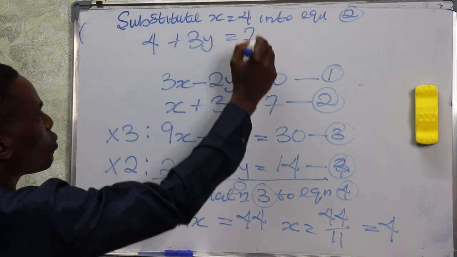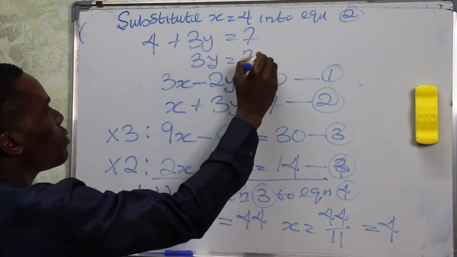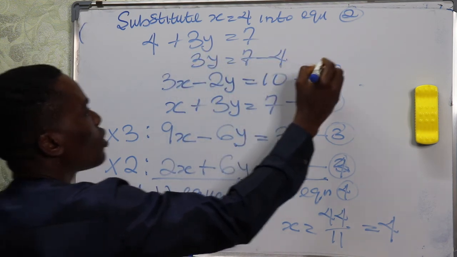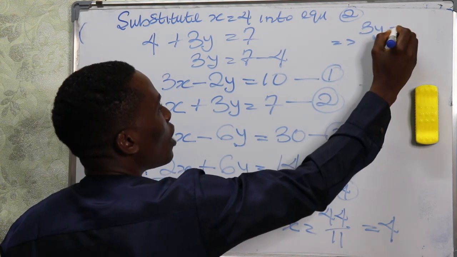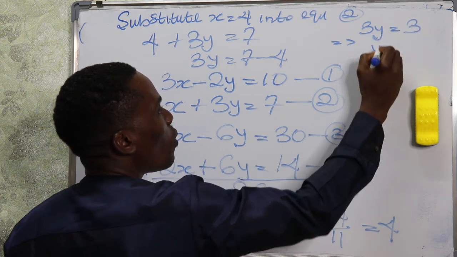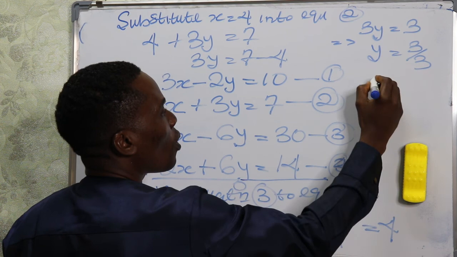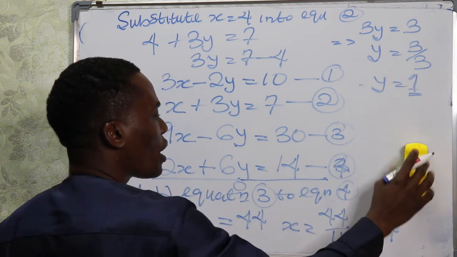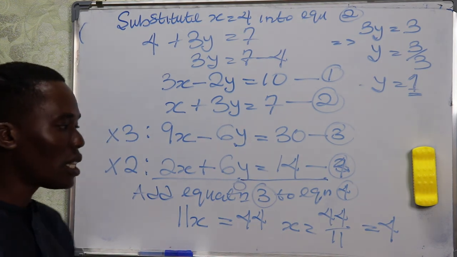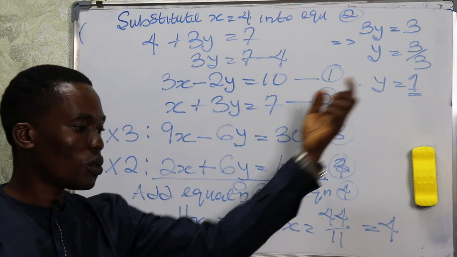Now this 4 we go this way, we'll have our 3y to be equal to 7 minus 4. So what that will simply give us is 3y equals 3. So our y will now be equal to 3 divided by 3. y will be equal to 1. So simply working on this, we've come to find out that our x is equal to 4 and our y is equal to 1.